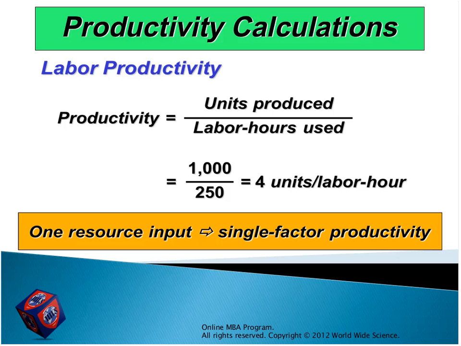This productivity means that the laborers are able to produce 4 units per hour.